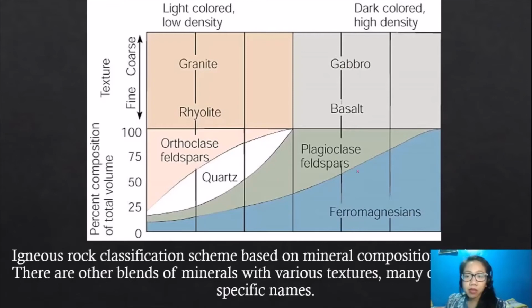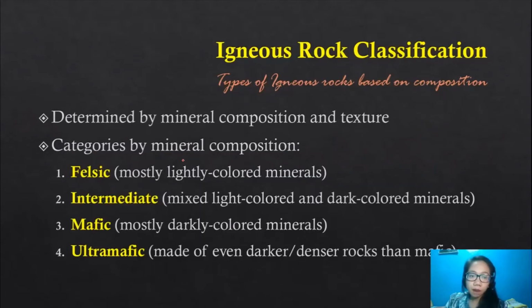So gabbro and basalt are dark colored igneous rocks, and they contain these types of minerals. While for the light colored ones and low in density, they contain either the orthoclase feldspar or quartz. Okay, so this is the way you classify rocks based on their composition.